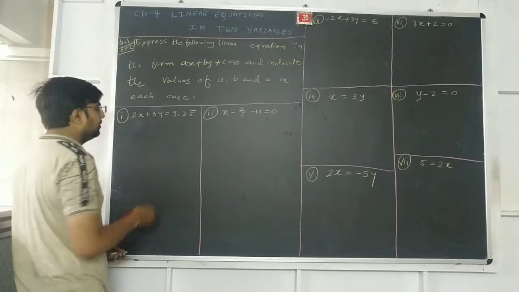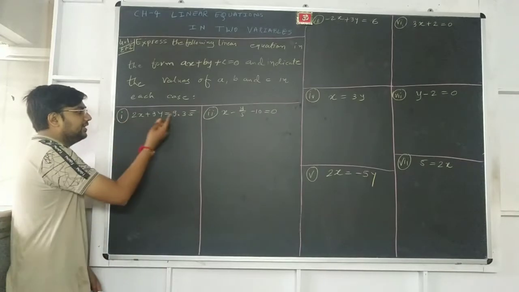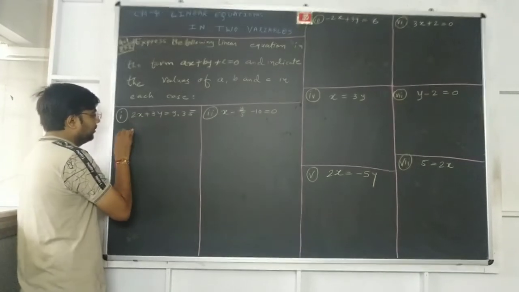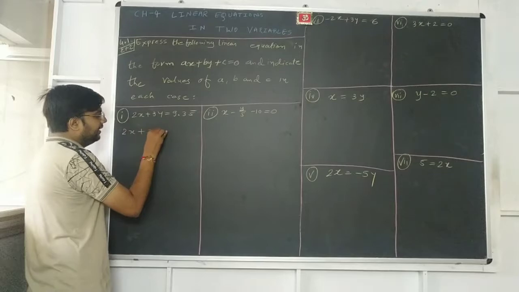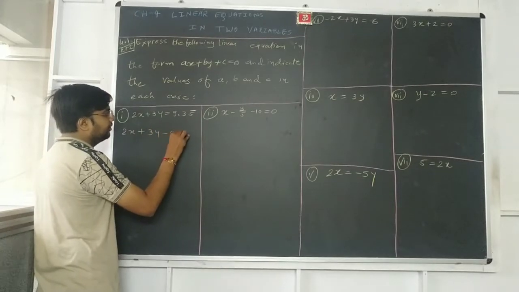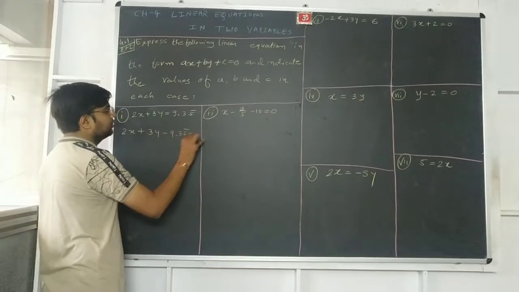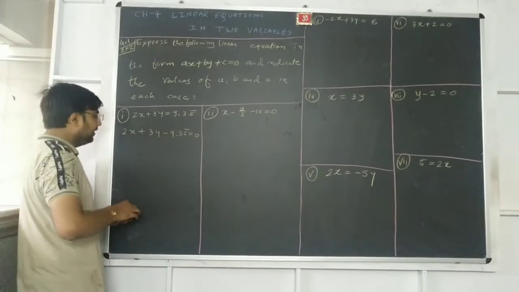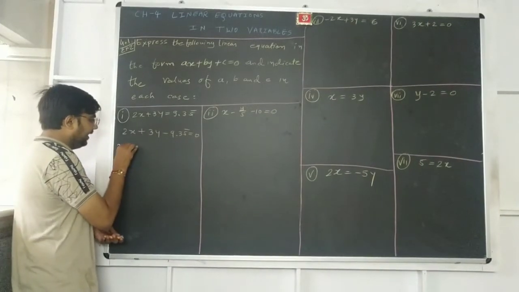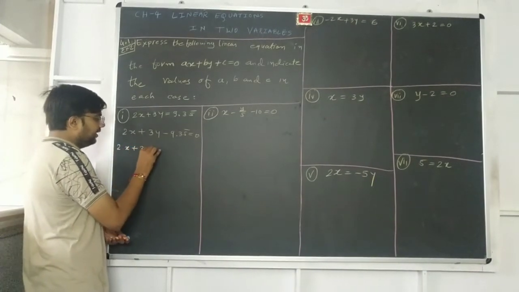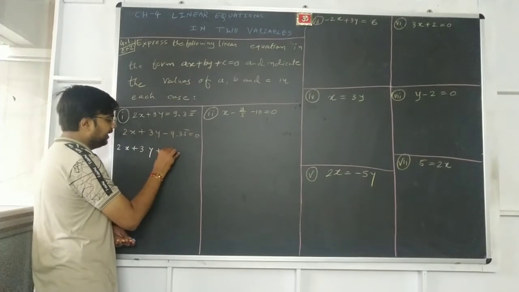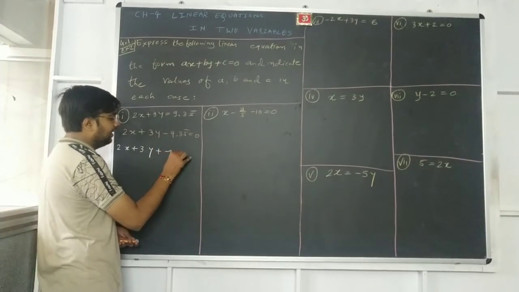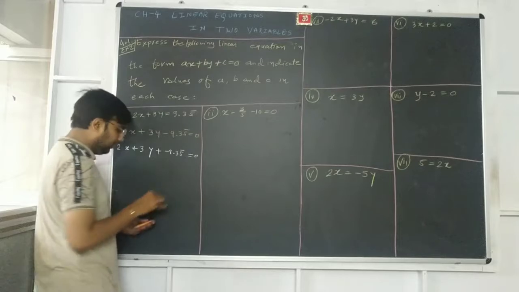We know that the right hand side goes to the left hand side, so it is negative 2x plus 3y negative 9.35 bar is equal to 0. Now in the form, 2x plus 3y plus negative 9.35 bar is equal to 0.